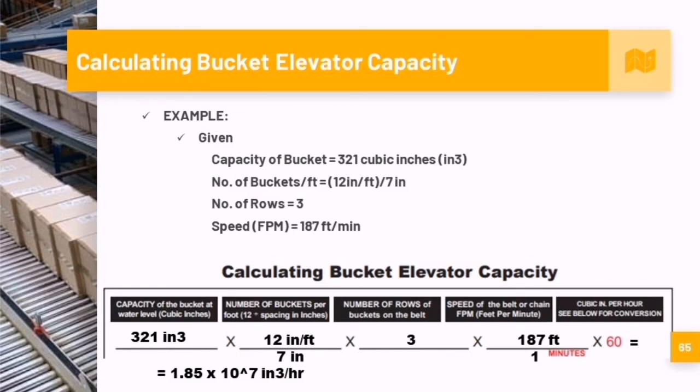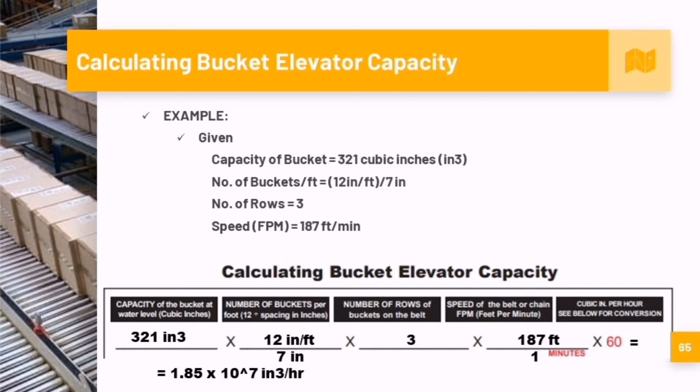calculate the bucket elevator capacity when the capacity of the bucket is equal to 321 cubic inches. The number of buckets per foot is 12 inches per foot over 7 inches, the number of rows is 3, and the speed would be 187 feet per minute.